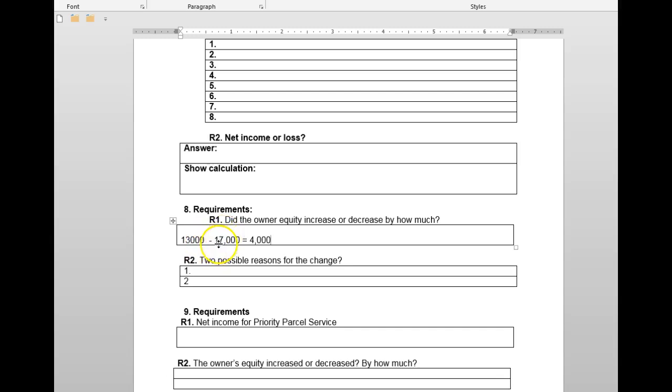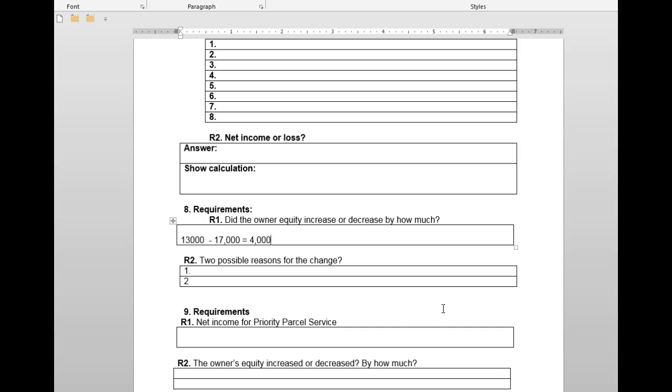The difference between those two is 4,000. There's a couple of reasons that could be, because it doesn't really tell you why that happened. So you need to answer those reasons. So that's 8. You are going to find that the next two are very similar.